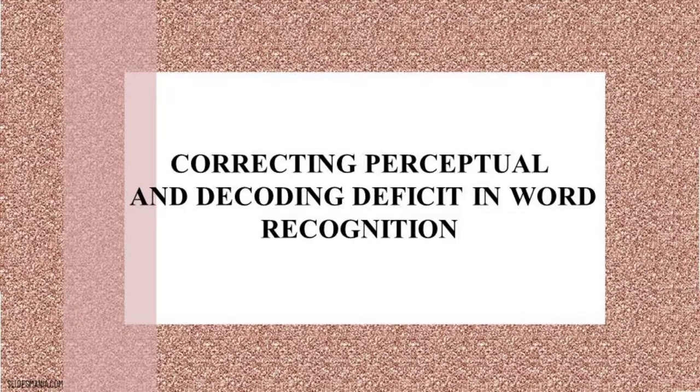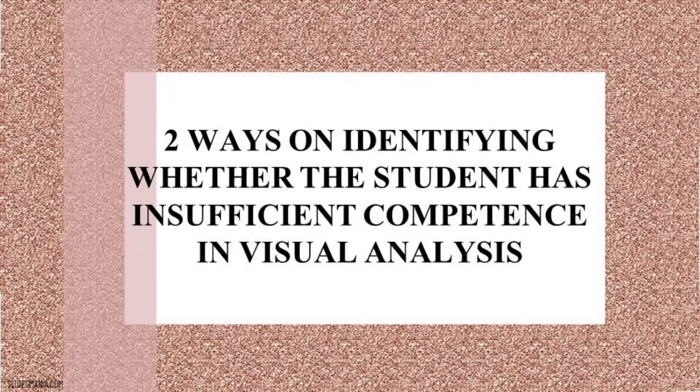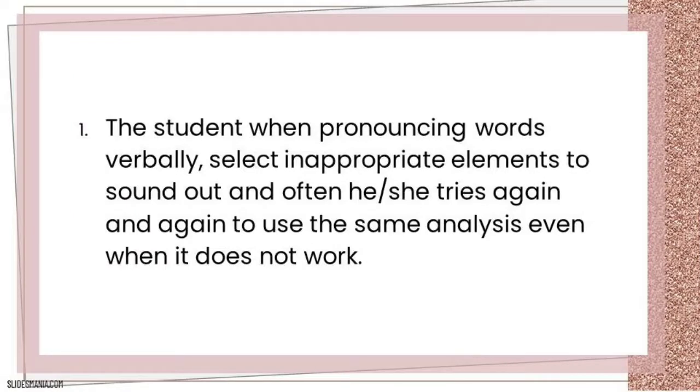And we have two ways of identifying whether a student has insufficient competence in visual analysis of the word. The first one is the student, when pronouncing words verbally, selects inappropriate elements to sound out, and often he or she tries again and again to use the same analysis even when it does not work.